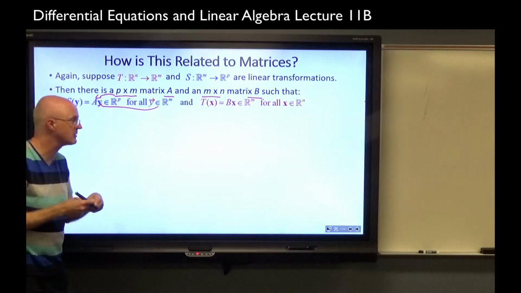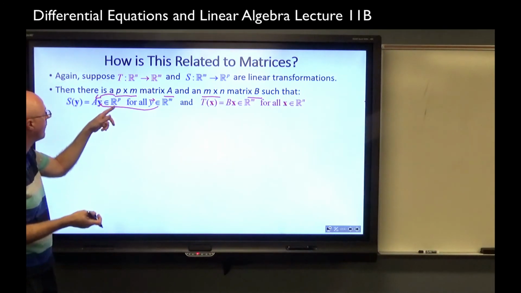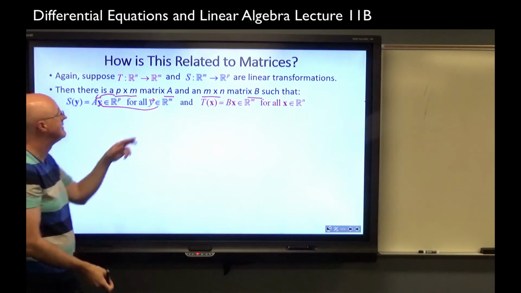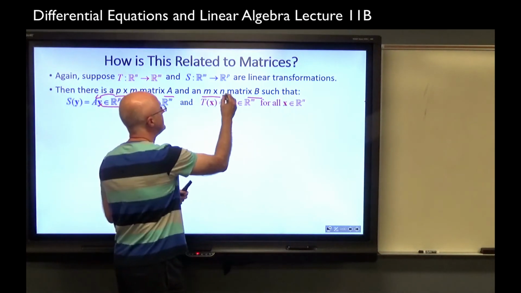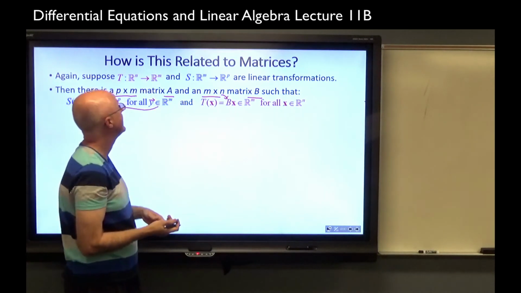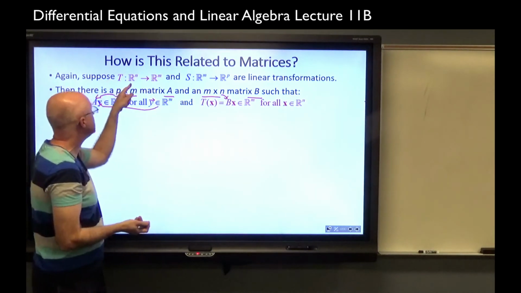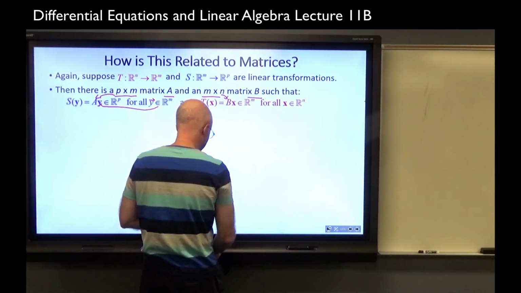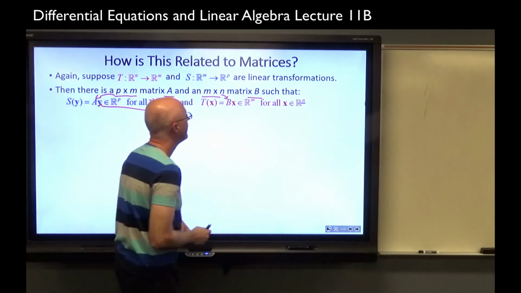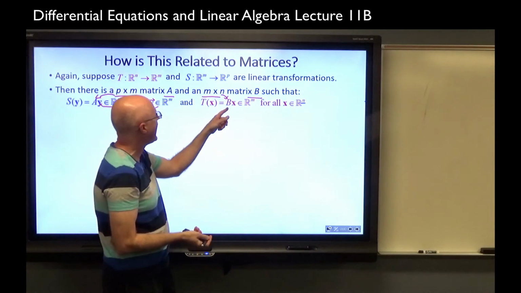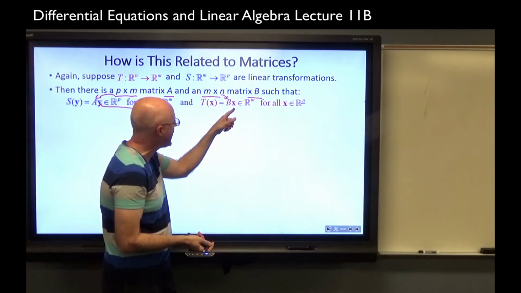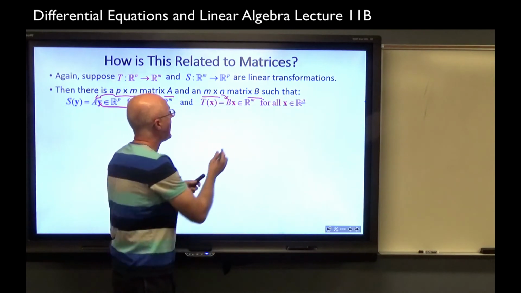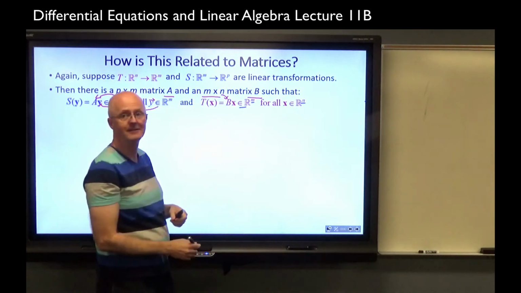The M's match in the inner numbers. And the result is P by 1. It's P-dimensional, A times y. B times x: B is M by N. x is N-dimensional, in Rn. M by N, you've got to multiply it by an N by 1 vector to get an M by 1 vector. The answer is in Rm.